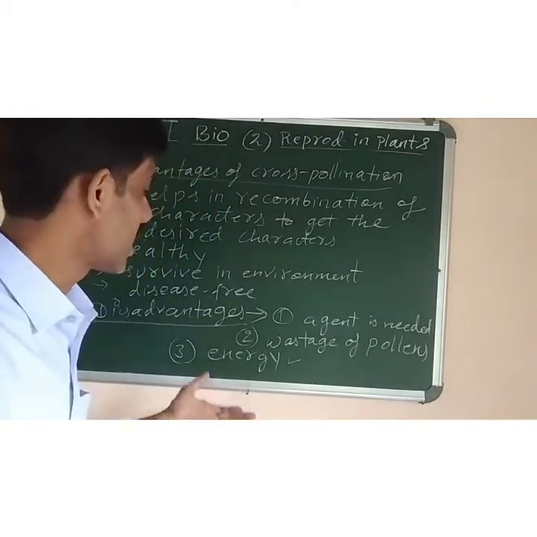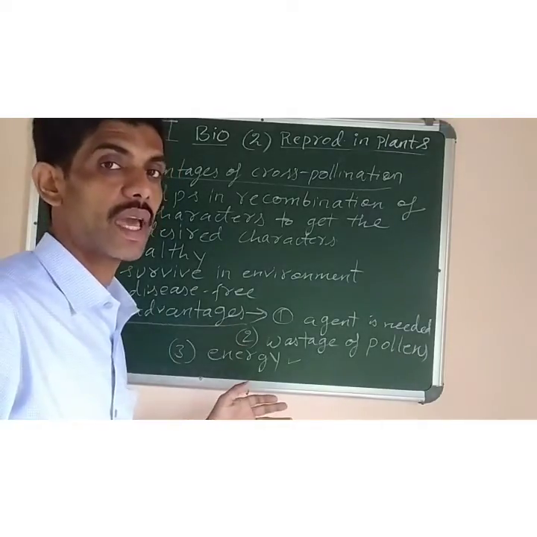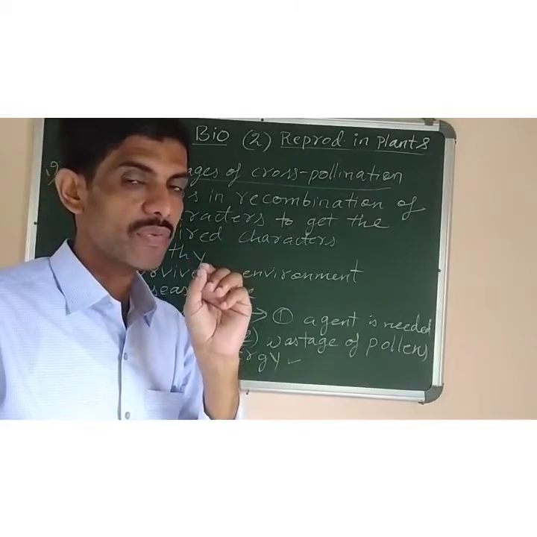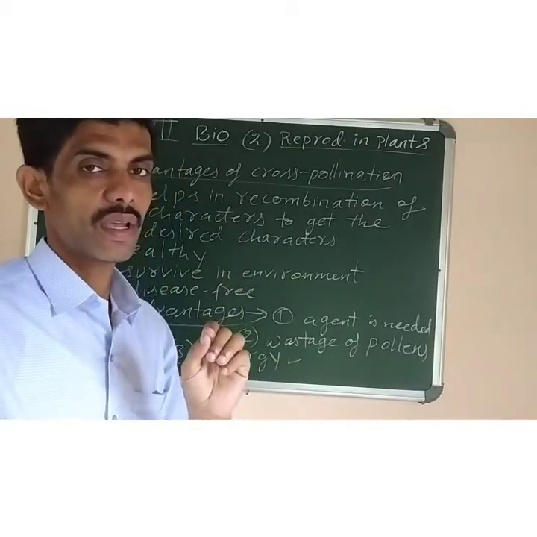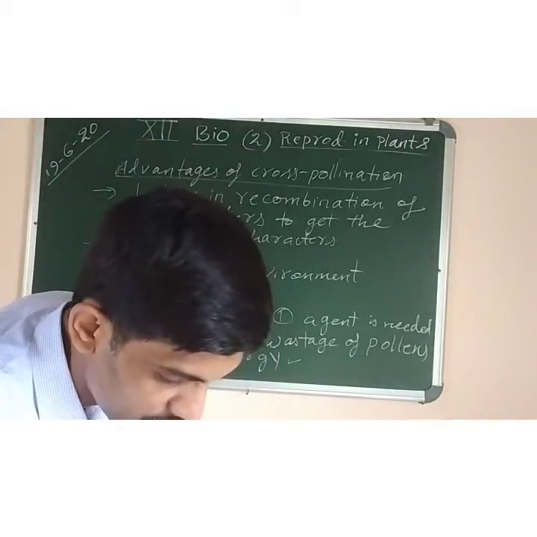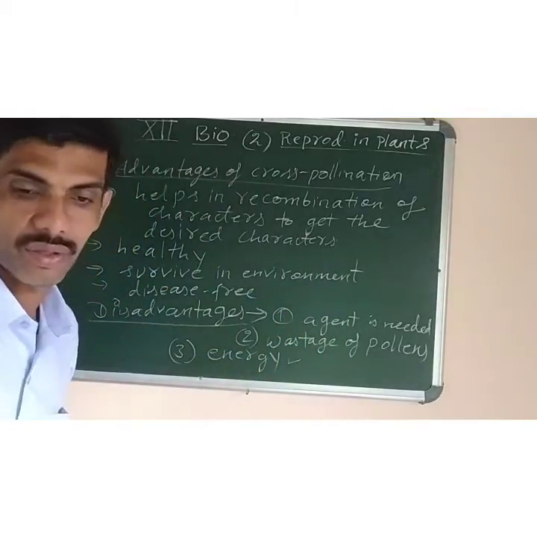So in this way, during cross-pollination, one of the disadvantages is it can also transfer the defective or the sick pollens from one place to the other. Undesirable characters can also be introduced. Now, next topic which we have to do is fertilization. Okay.